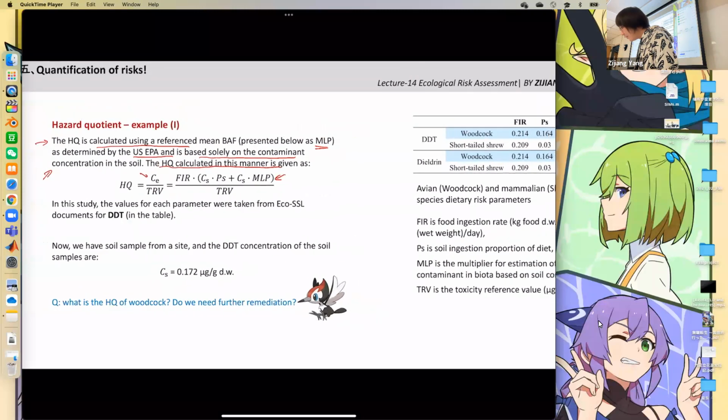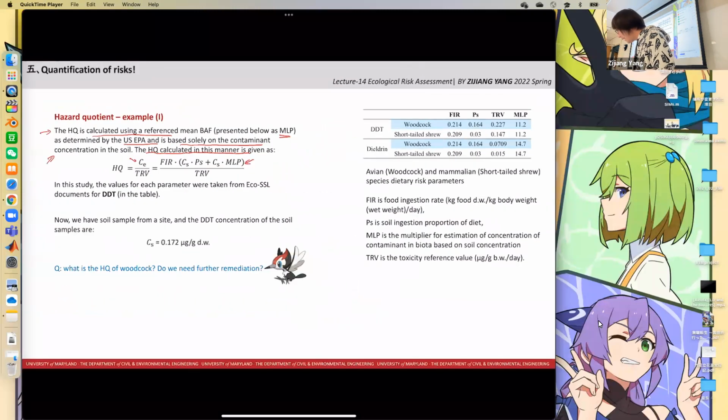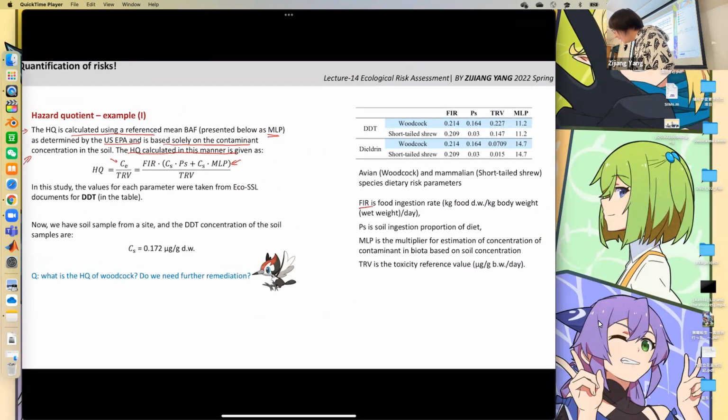And the meaning of each parameter is on the right side. FIR refers to the food ingestion rate, and PS is the soil ingestion proportion of the diet. And MLP is a multiplier to estimate the concentration of the contaminant in the biota based on the soil concentration. So basically, this is kind of like the BAF. And the TRV is the toxicity reference value.